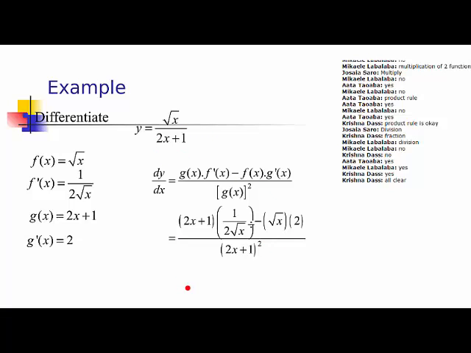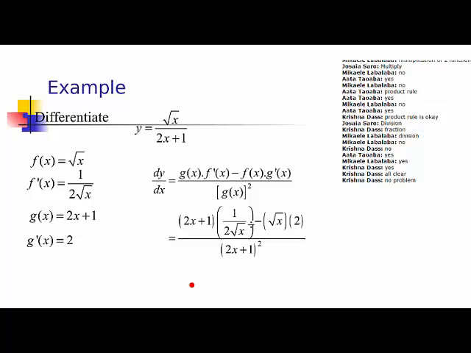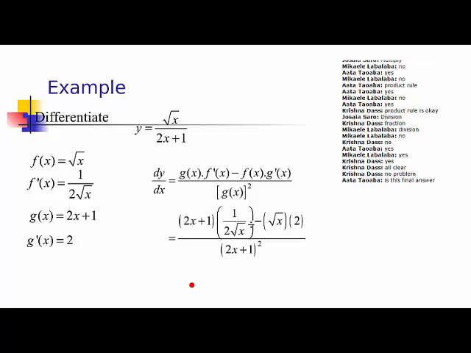Easy? Anyone having any problem with applying the quotient rule? And we all know now when we apply the quotient rule. Is there any problem? Good. What about others?